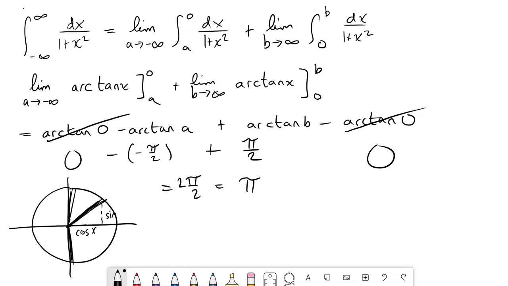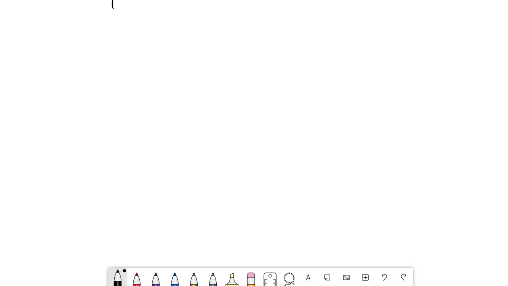Let's do one more example. I guess the final example is actually going to be a really easy one, but it makes an important point that I want to make. It's the integral from 1 to infinity of simply dx over x. And we already know how to solve these types of problems. The limit as b approaches infinity, you can use any letter for this.